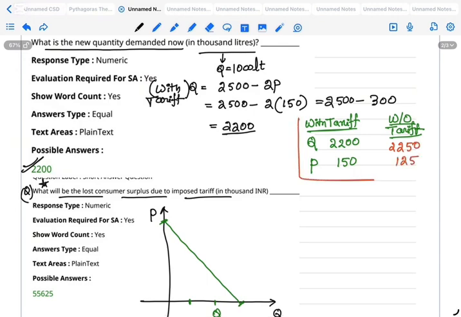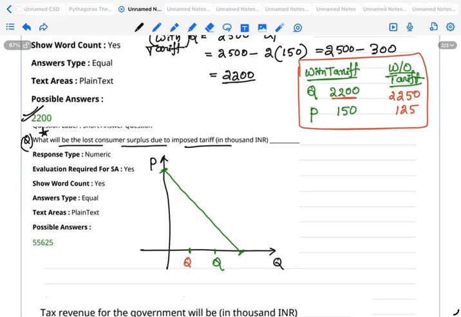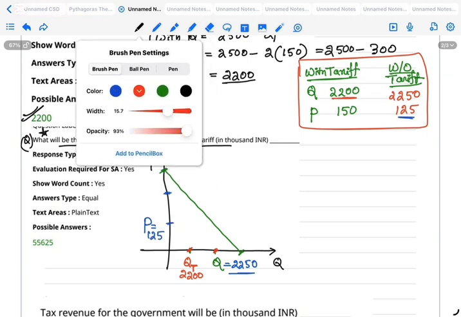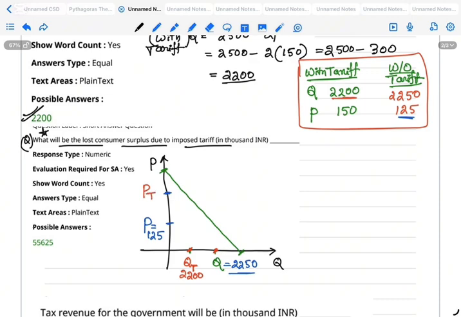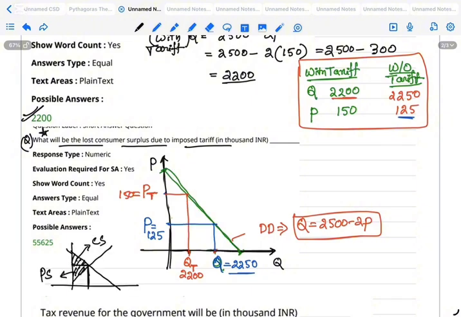Using these values, with tariff Qt equals 2200, Pt equals 150, on the demand function 2500 minus 2p given in the question.